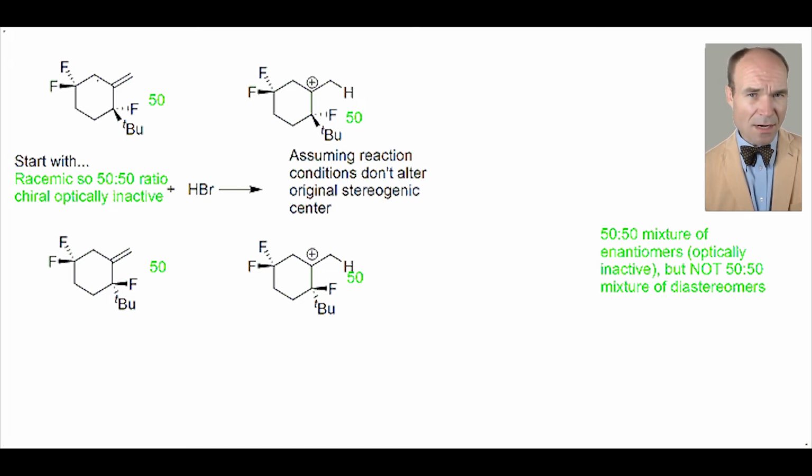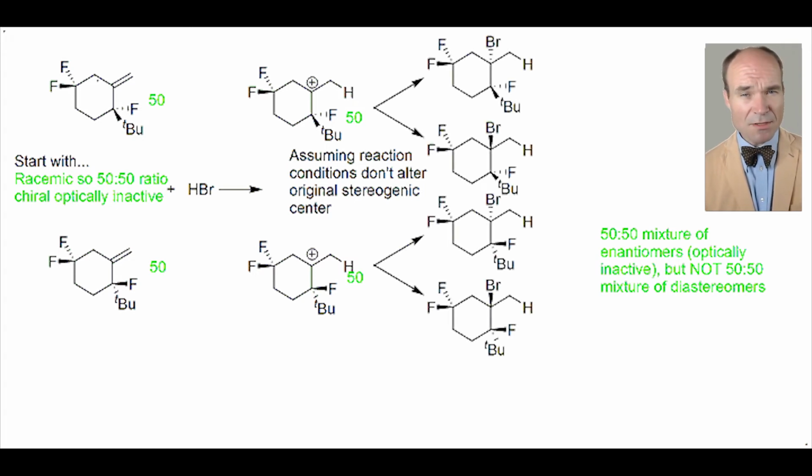Now, we know that the front and back faces are different. Thus, we derive the four products with the resulting 4:1 diastereoselectivity to give a ratio of the four products of 40 to 10 to 10 to 40.